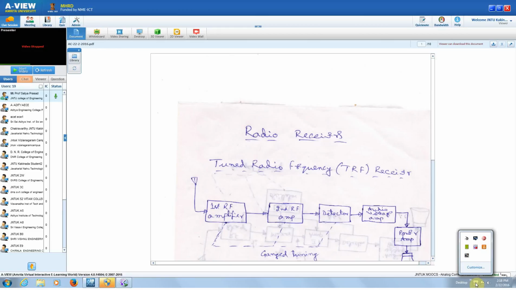Then after the amplification, we have to detect the signal, because we have the required modulation, AM or FM, at the transmitting end. Therefore, we require an appropriate detector at the receiving end after amplification.